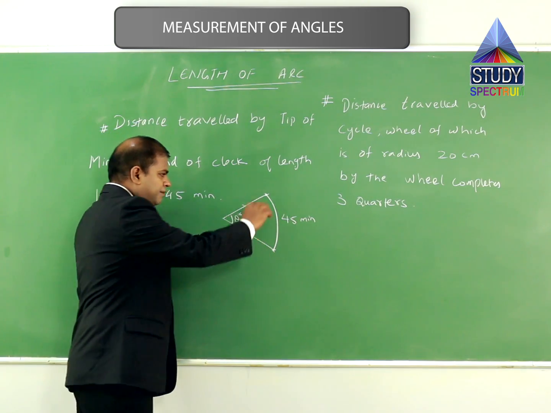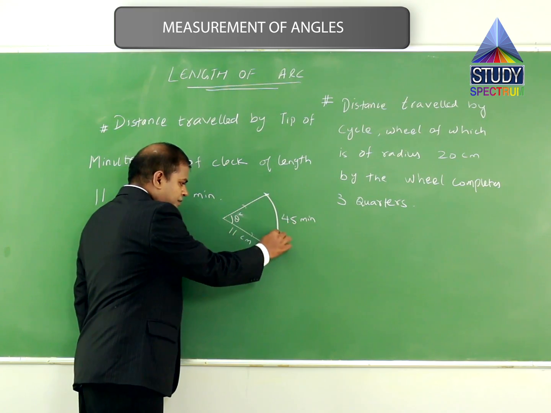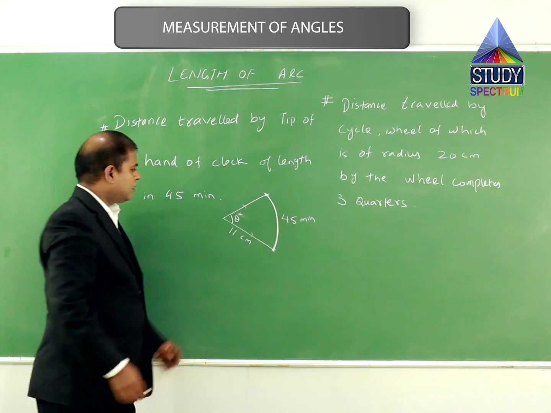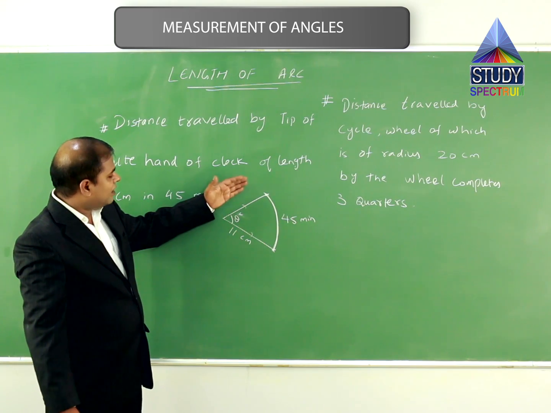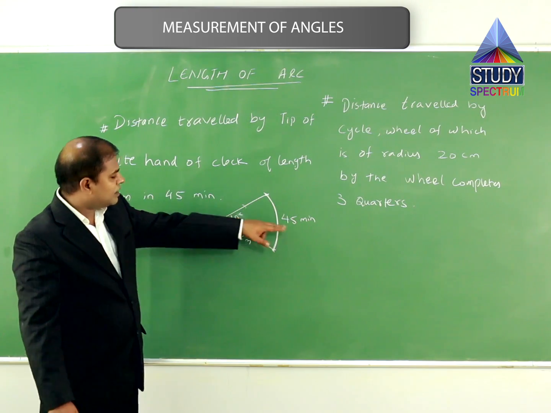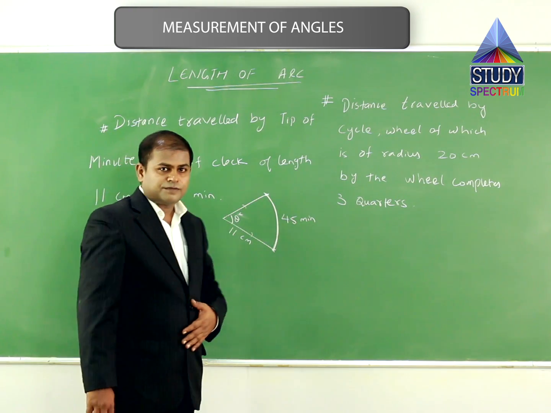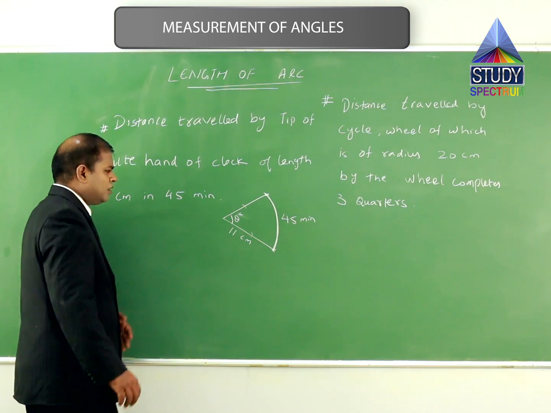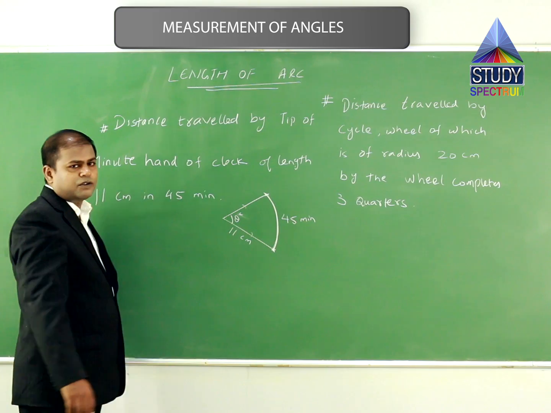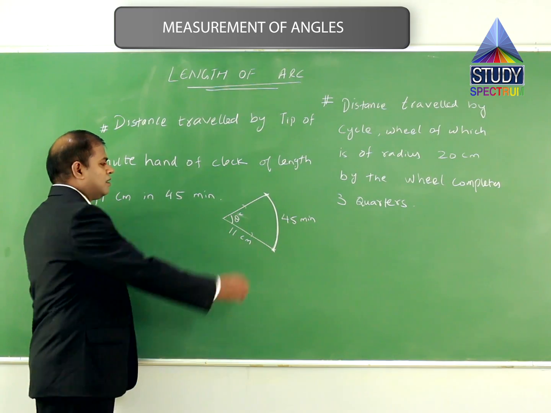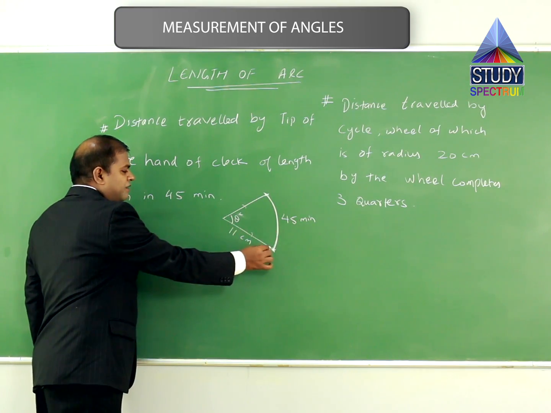So that will be basically the length of the arc intercepted by this angle. Which angle? The angle by which the minute hand of a clock rotates in 45 minutes, right? So we have to measure the distance traveled by the tip of the minute hand of a clock, which is nothing but the length of an arc of radius 11 centimeter.